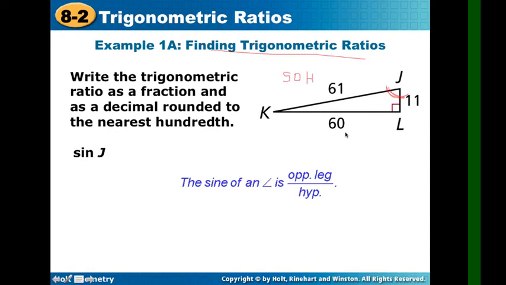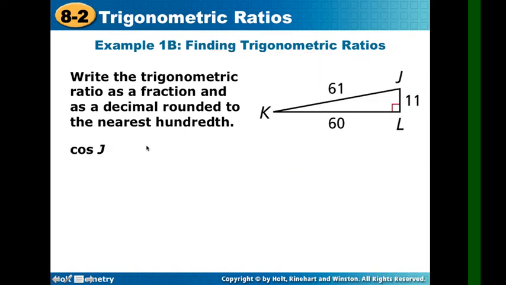So the sine of an angle is opposite leg over hypotenuse. Therefore, the answer is 60 over 61. So dito sabi, write as a ratio, as a fraction, and as a decimal rounded. So divided, 60 over 61 is equal to 0.98 to the nearest hundredth. Okay?